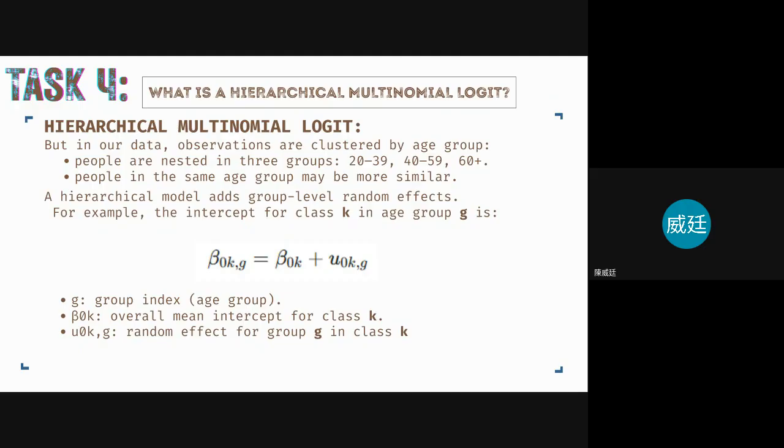The nice thing about this is that different age groups can have different health distributions, but we don't completely separate the groups. The random effects are partially pulled towards the overall mean. That means a small group won't get extremely noisy or crazy estimates.